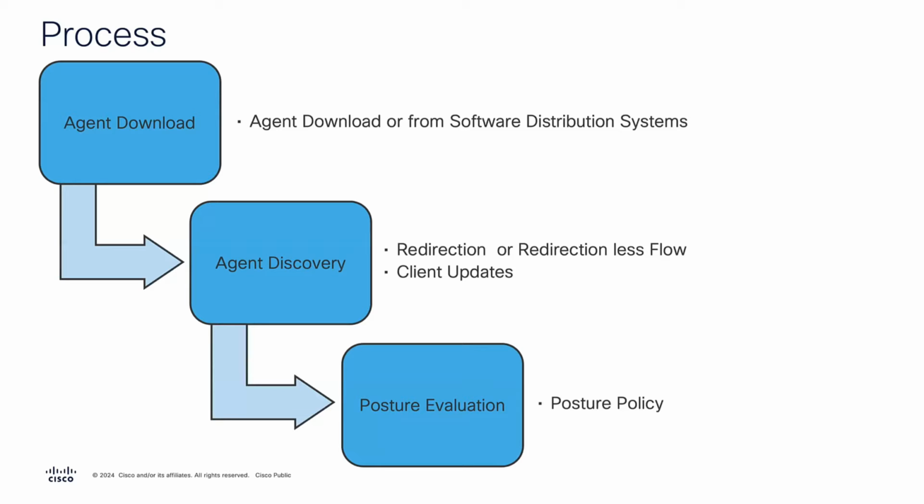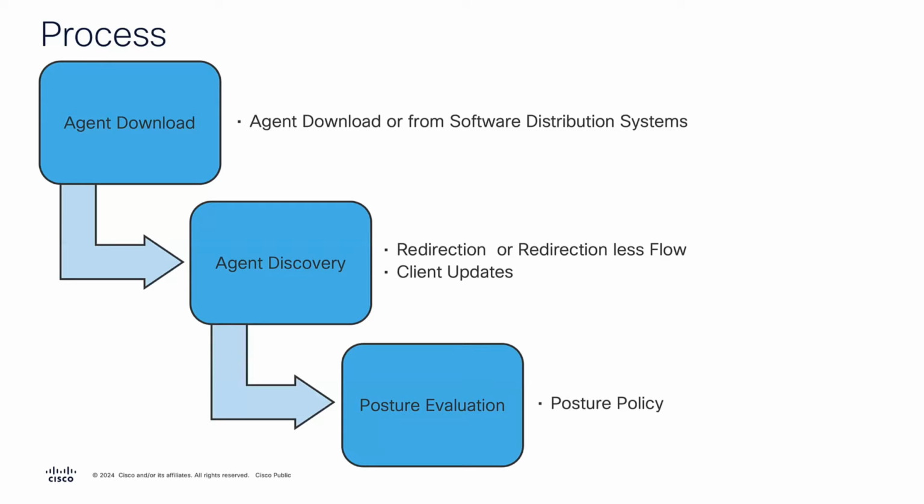Once the agent is available, the agent's responsibility is to contact the specific PSN that it got authenticated with. Because let's say Pavan got connected to the network, and the agent sitting on the endpoint doesn't even know which PSN it got authenticated with.